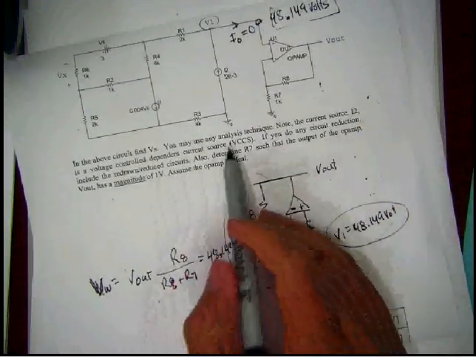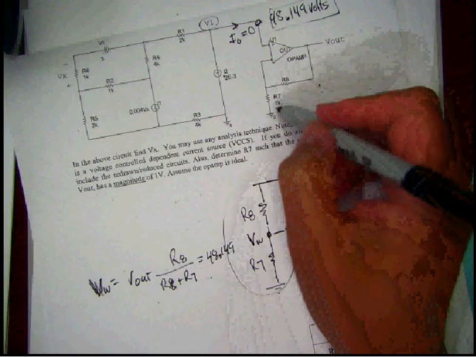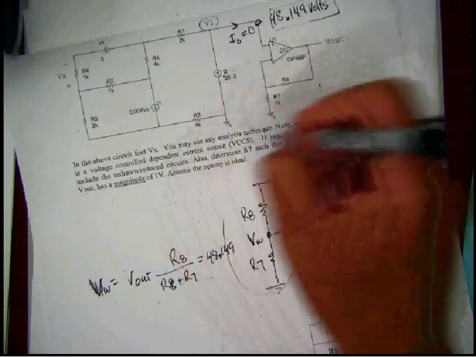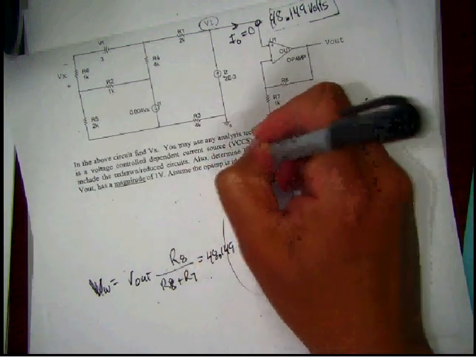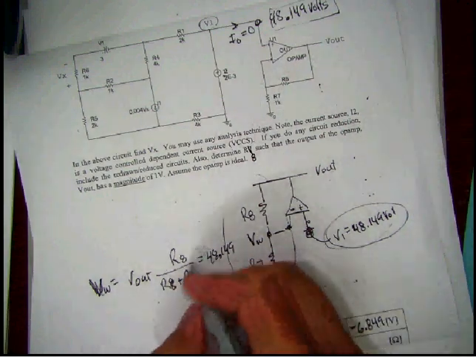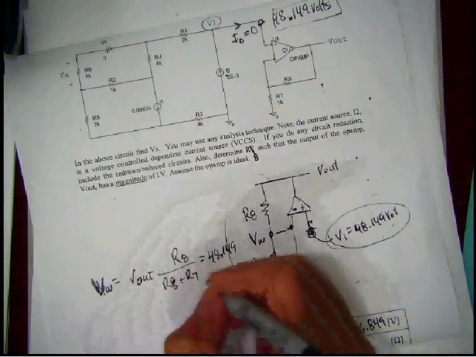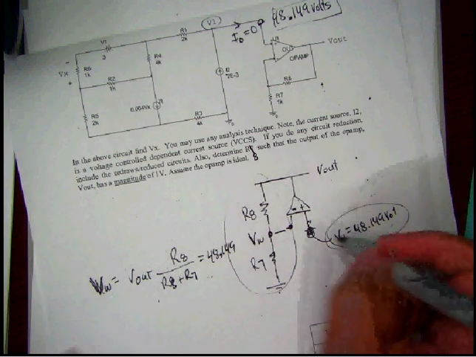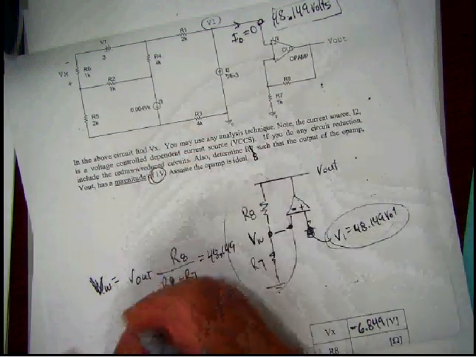The question asks us to determine R7, but it tells us R7 is 1K, so I'm guessing this is a typo, and it wants us to find R8. So all we've got to do is, we want V out to be 1 volt.